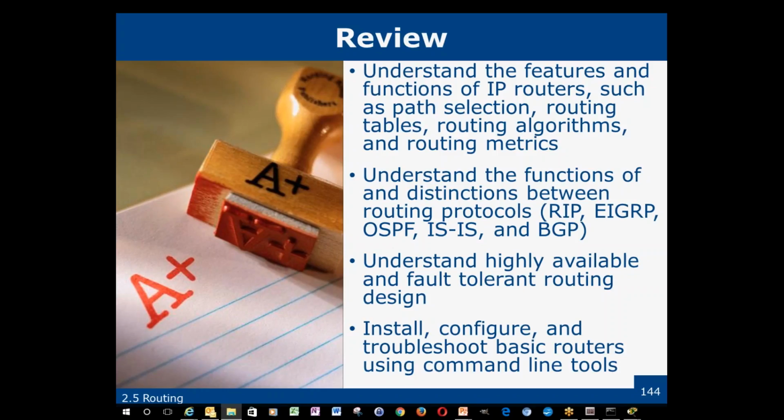Could you go back to 10? When would an administrative distance be factored into a routing decision? If you have more than one routing protocol on the router, because you can only have one route and one protocol. If you have multiple protocols, you're going to take the most trusted one, and the most trusted is the one with the lowest administrative distance.